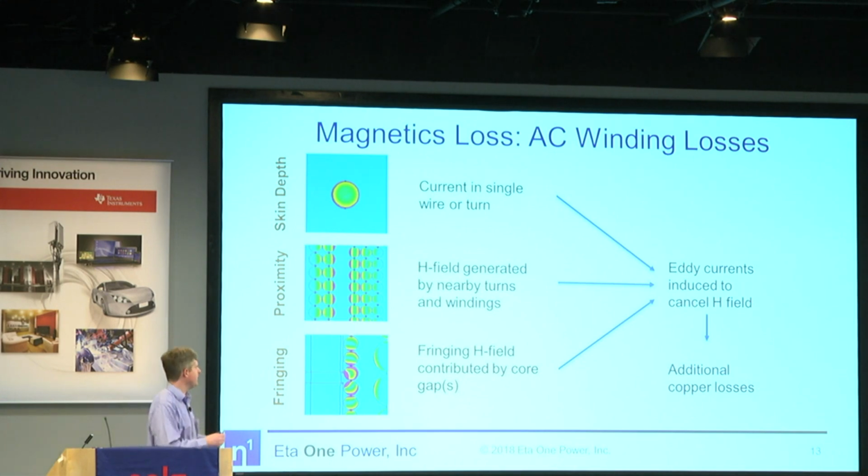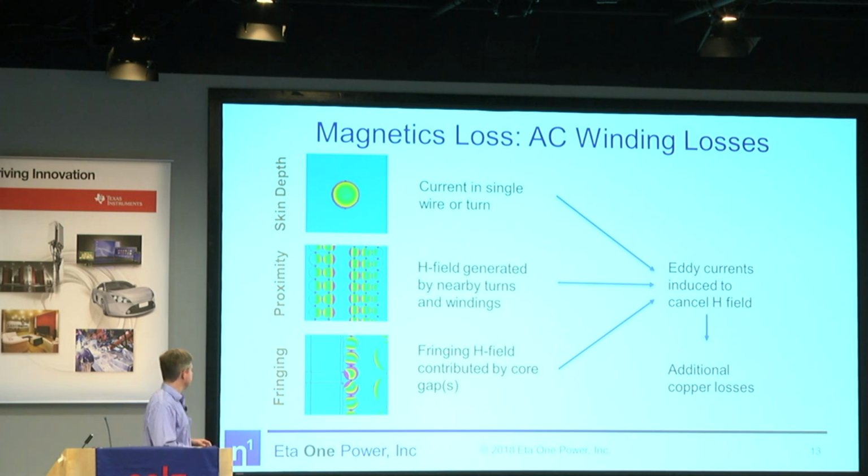The skin depth is fairly simple. It's taking one wire in isolation, and current generated in that wire causes an H field, which in turn causes eddy currents to cancel out the currents on the inside of the wire, forcing all the current to flow on the outside. That means you get additional RMS current, and that will add to additional loss.